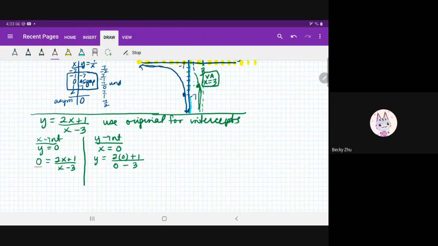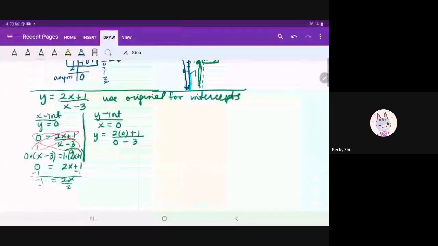So I'm going to put a 1 underneath the 0 and cross multiply. So 0 times x minus 3 equals 1 times 2x plus 1. So 0 equals 2x plus 1 if I distribute the 1. So minus 1, minus 1. Negative 1 equals 2x. Divide by 2, I get x equals negative a half.